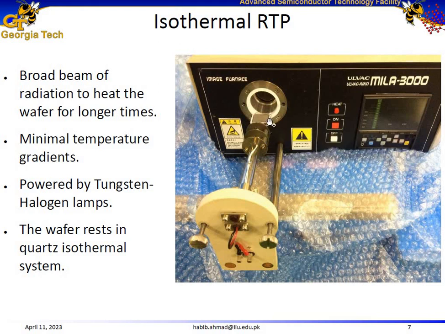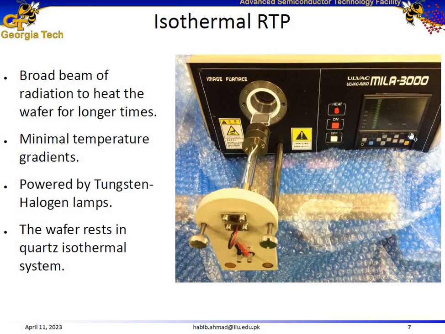Like you can see over here, we place our sample in this quartz tube, and at max you can insert a 1 inch by 1 inch sample into this quartz tube. Personally, I was dealing with 1 centimeter by 1 centimeter samples, so I would place approximately 4 samples inside this quartz tube.